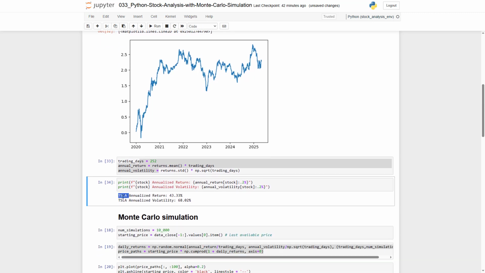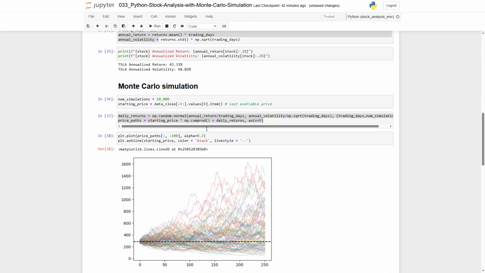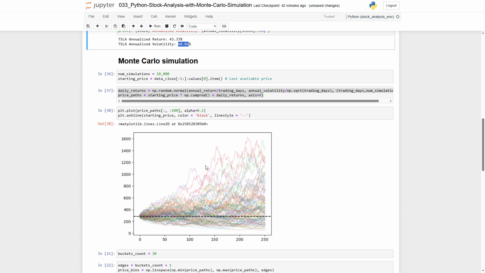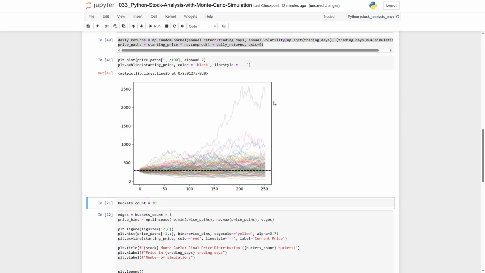And this is obvious. Annual return of 43. And the Monte Carlo simulation with this 68 volatility would be crazy. Yeah, it is. There is one scenario here even where Tesla goes to 2500, 1 out of 10,000, but it is a scenario.